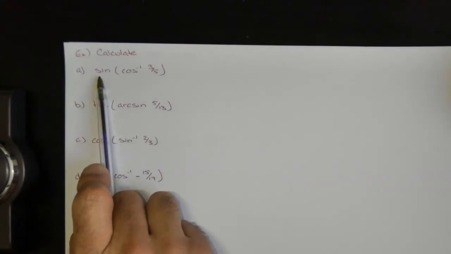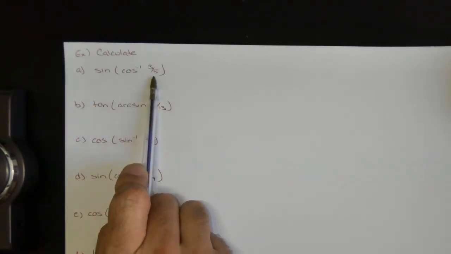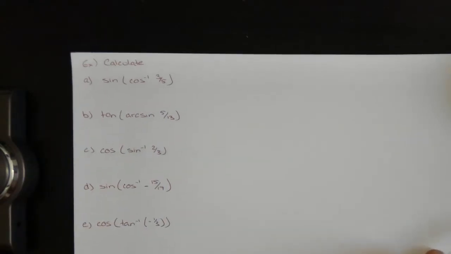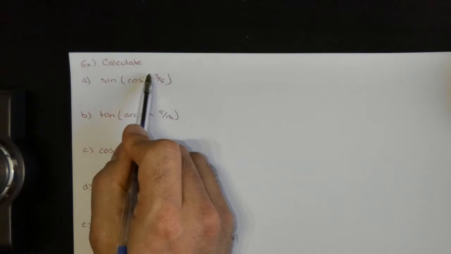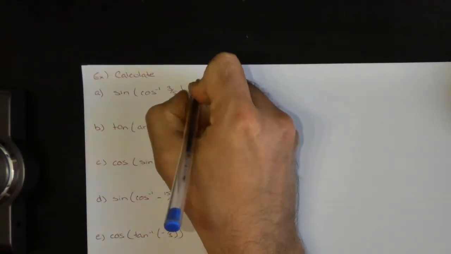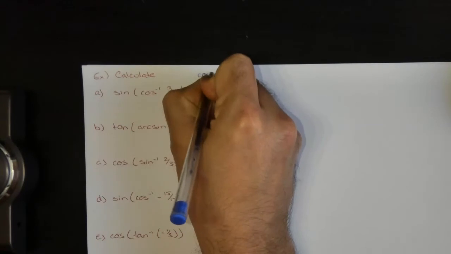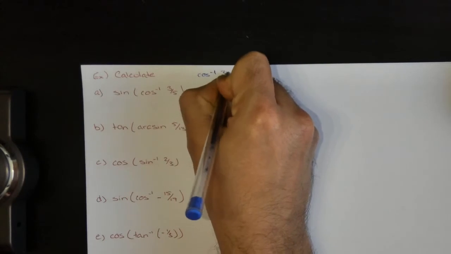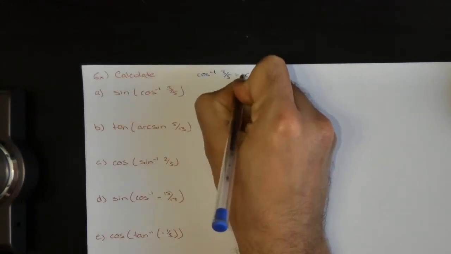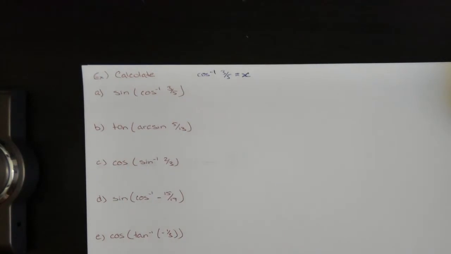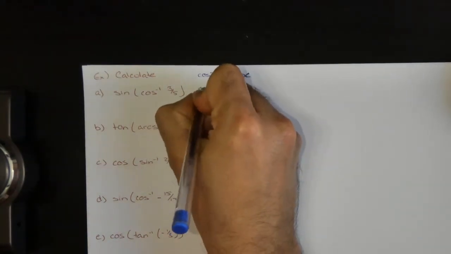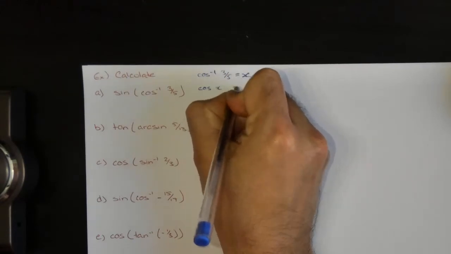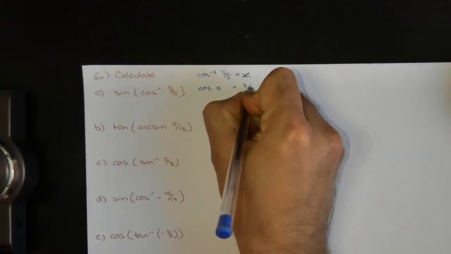Let's do some examples. Here we've got sine on the outside and arc cos 3/5. What we want to do is the inside part first. Arc cos of 3/5, I'm going to put x on the outside, so cos of x equals 3/5.